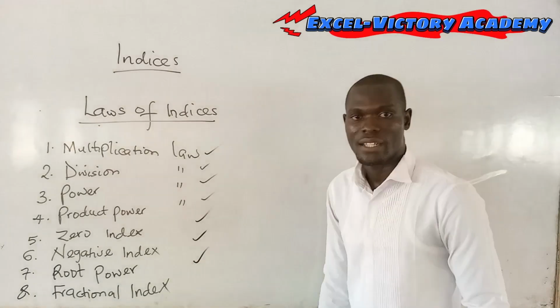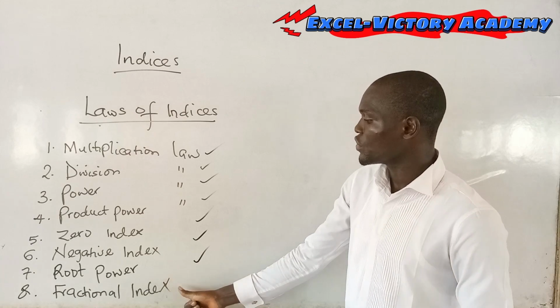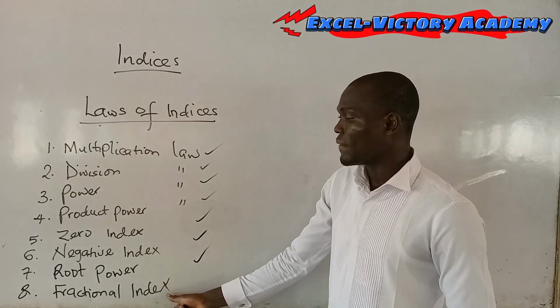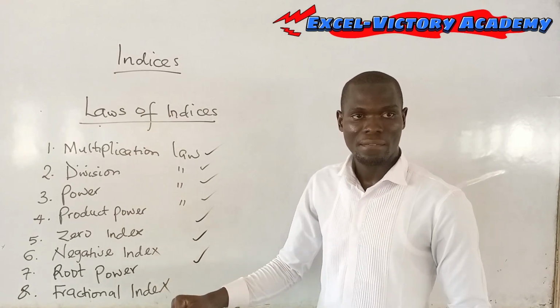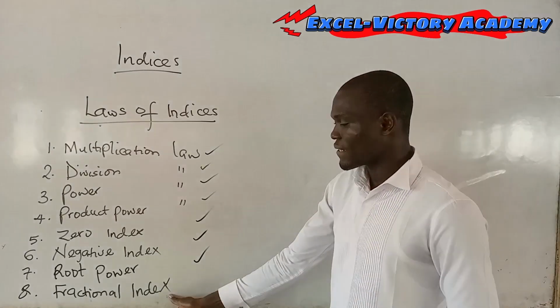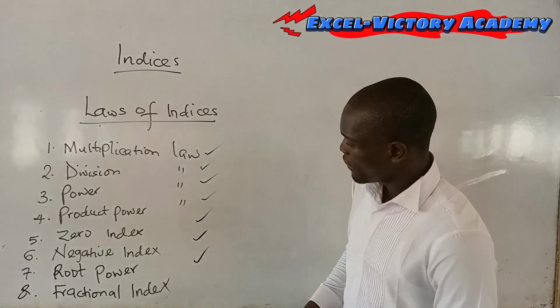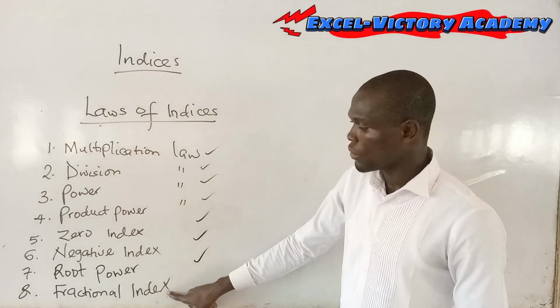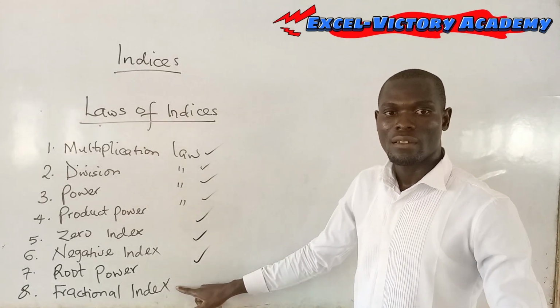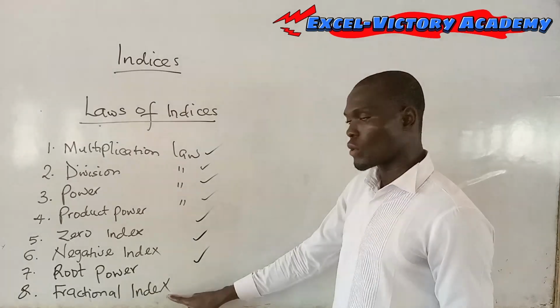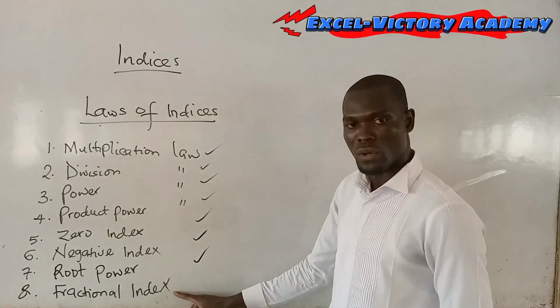For fractional index, when a number is raised to a fraction other than half, the law states that we should first find the nth root of the denominator, then raise the outcome to the power of the numerator.